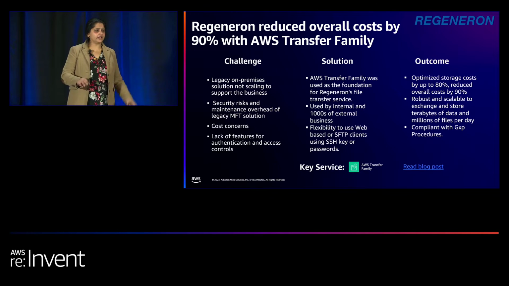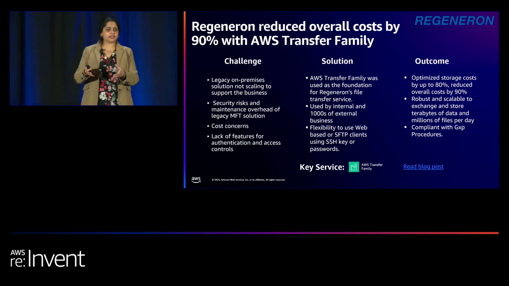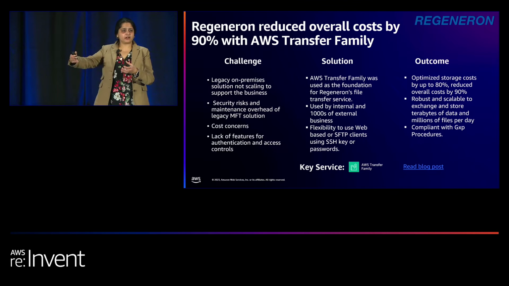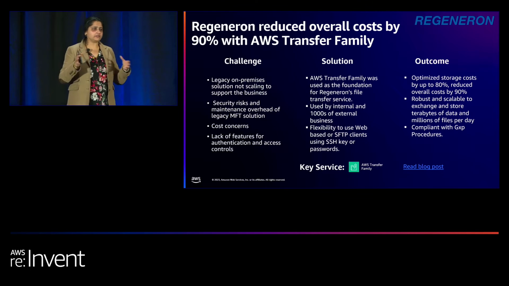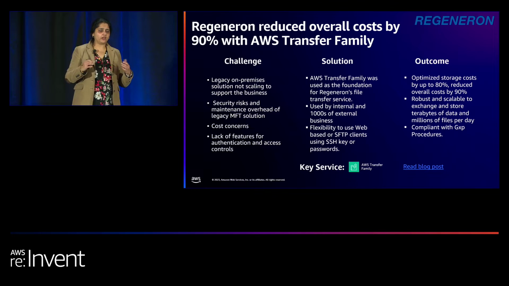And what they liked was it gives them the flexibility to either use a web client or an SFTP client, so they can meet that business partner where they are, right? They can authenticate either using passwords or SSH keys, so they get a lot of the benefits of the features that we're building automatically as part of their file transfer service.